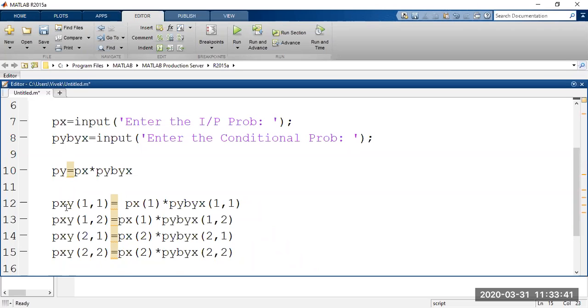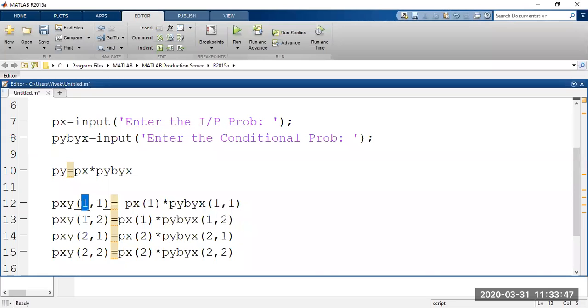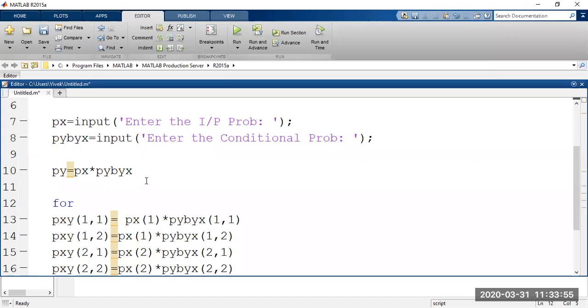So remember, for first two elements my value of row is 1 1, and for the next two it is 2 2. So I can implement this by using for j is equal to, as my value of j is changing, so I will be using 1 comma 2.